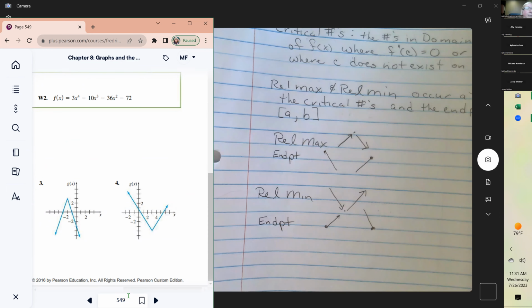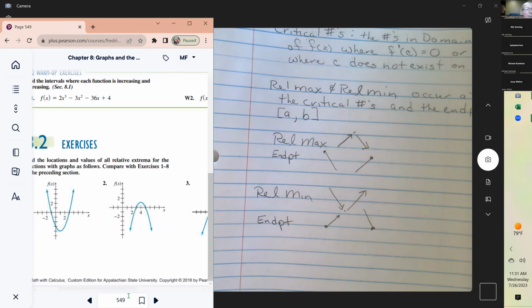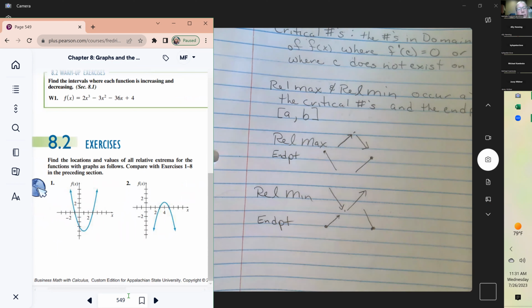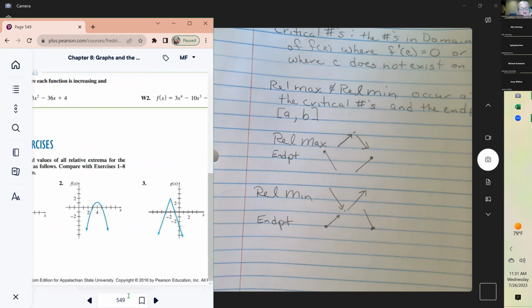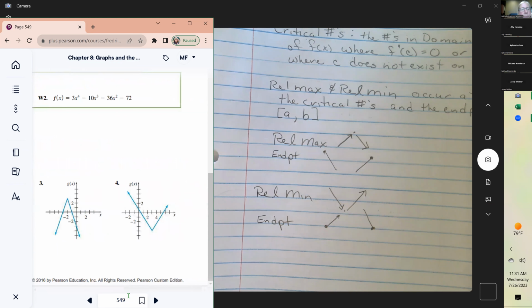What's it asking? So find the locations of the values of all relative extrema. Extrema means both max and min they want us to find, for the functions below, 1 through 8. So these first couple are all pretty much the same. So we'll do number 4.